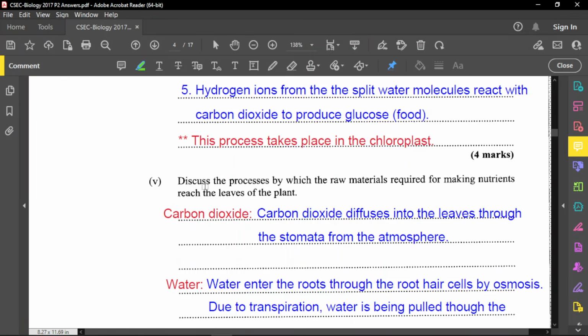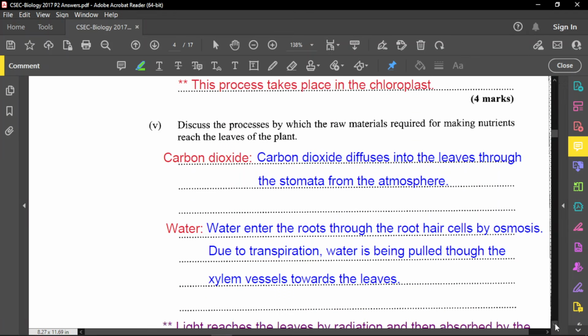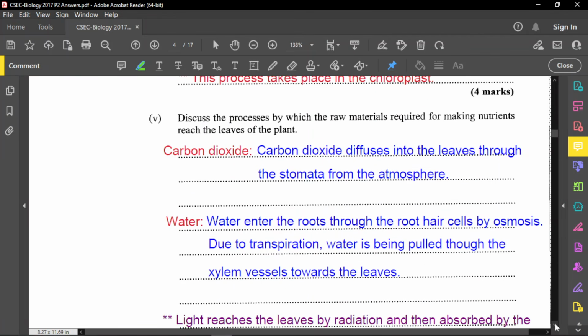Now for part 5, we are to discuss the process by which the raw materials required for making nutrients reach the leaves of the plants. And so I make sure here to point out the raw materials needed. And so we need carbon dioxide, we need water, all right? And I'm going to talk about light at the bottom, all right? And so we start with raw materials. Raw materials are generally carbon dioxide and water, all right? Light is an energy source.